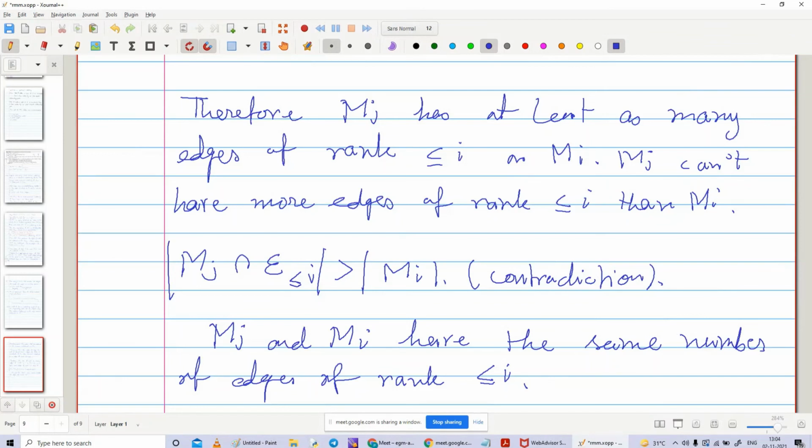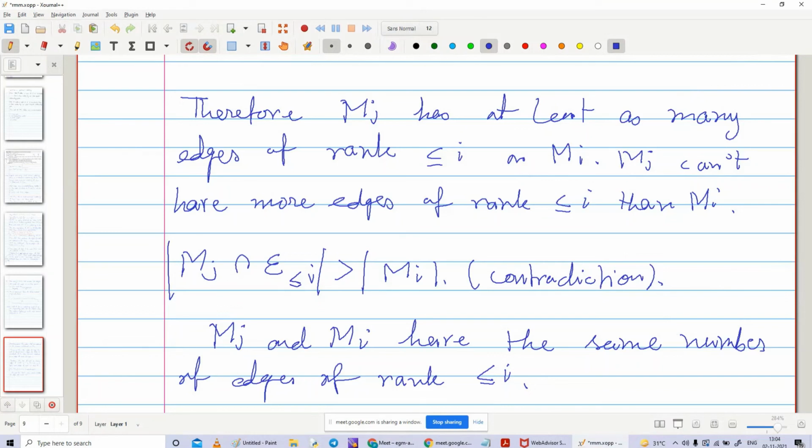Okay, so now I think I got the proper explanation. In MJ, the edges that are currently matched of rank less or equal to I, those edges are also present in G prime I, right? Because if those edges were removed in G prime I, then those edges could not be present in G prime J. We are not adding any edge. Exactly.